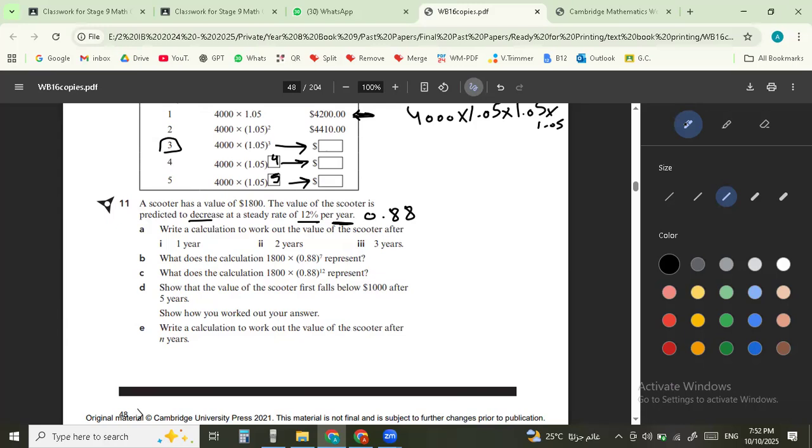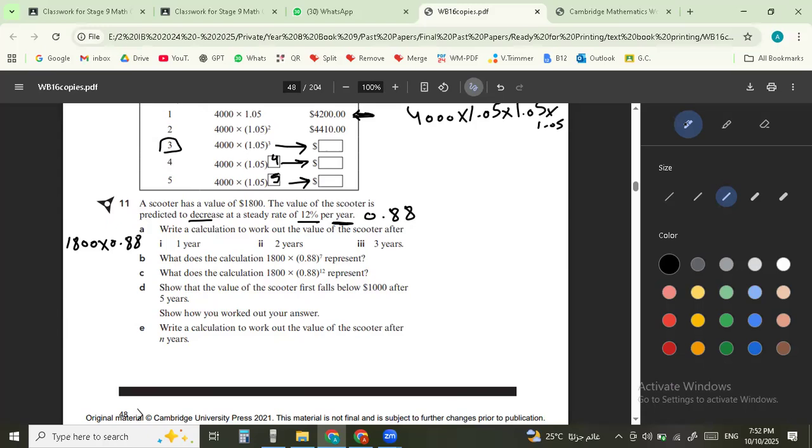That's the multiplier. But after 1 year, write a calculation to work out the value of the scooter after 1 year. After 1 year, it is 1,800 times 0.88 to the power of 1. I'm not going to write the power of 1, it means nothing.